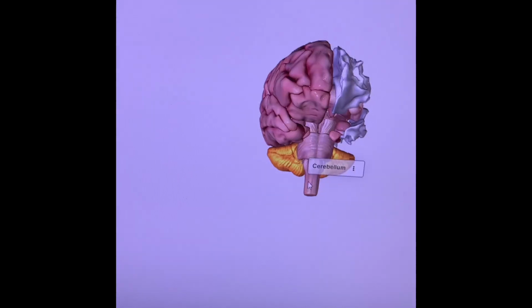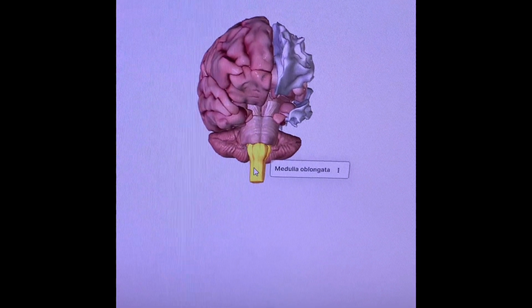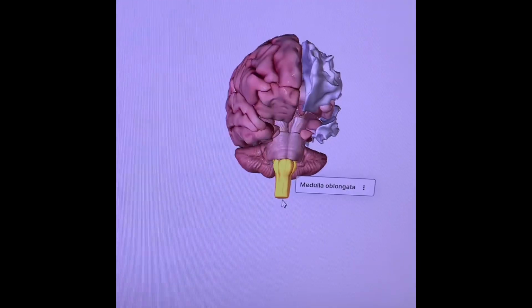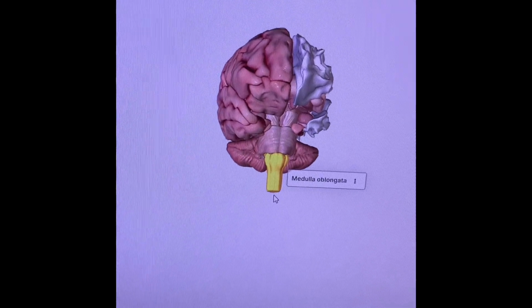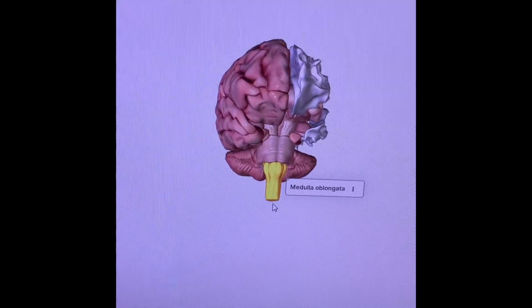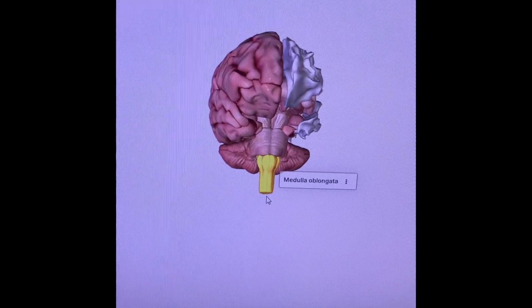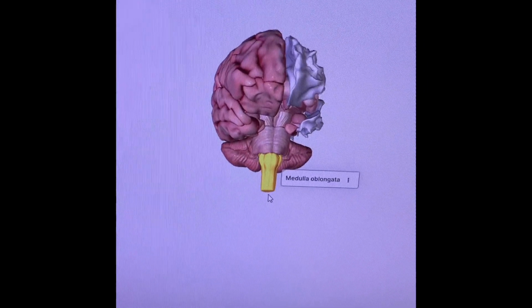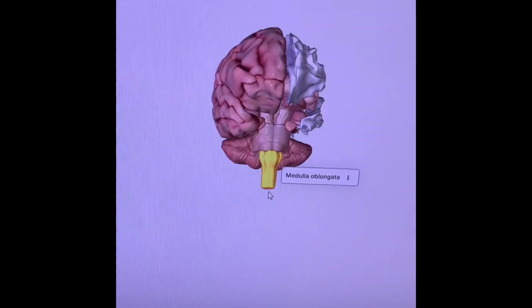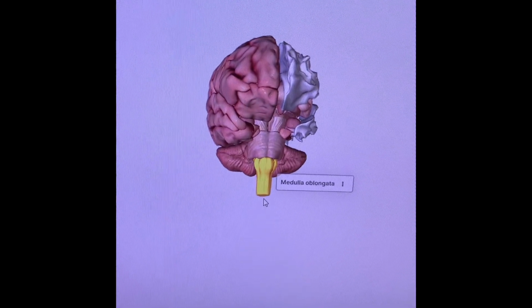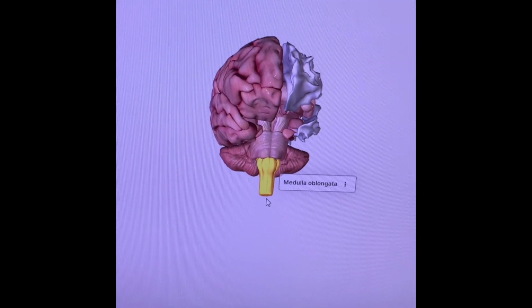And then last, we have your medulla oblongata, which connects to the spinal cord. In the spinal cord, the dorsal root is the region of the spinal cord that sensory neurons enter, and the ventral root is where the motor neurons exit.